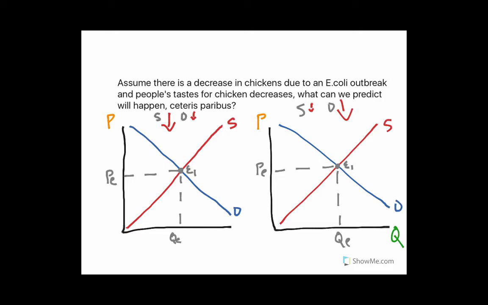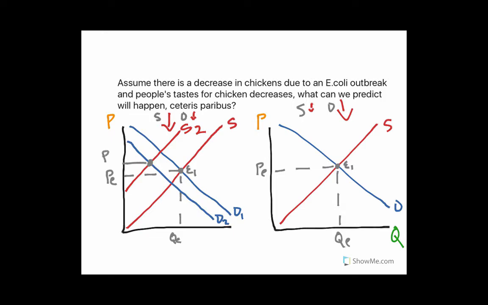Ceteris paribus. Well, for the first one, we're going to have a major drop in supply, shown here, and then just a little decrease in demand. Say they tough it out and they're not going crazy over the E. coli. So we would have our new equilibrium at D2 and S2, or supply 2.